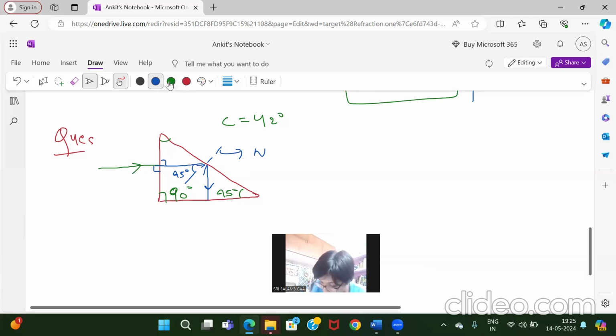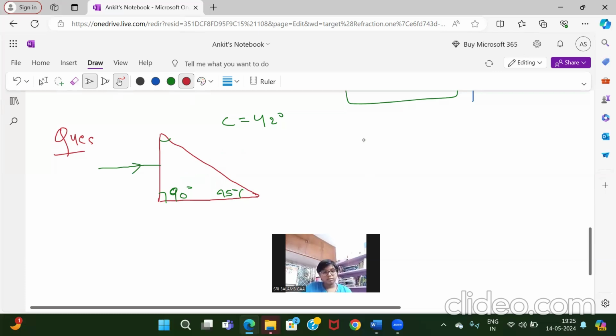This angle is also 45 degree, right angle triangle. This all? Sir, I'm not getting the answer, sir. See this carefully, again I am solving. Okay, no need to worry.